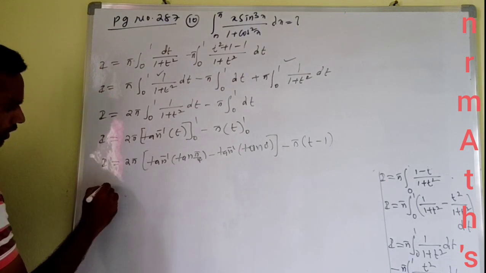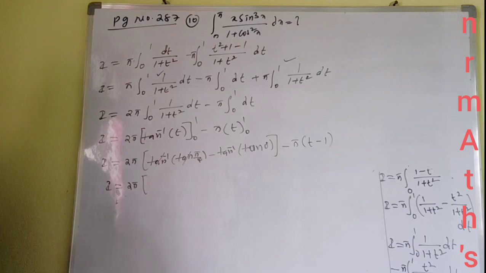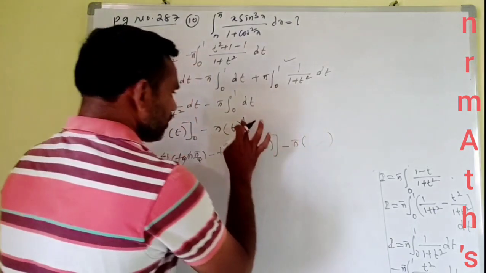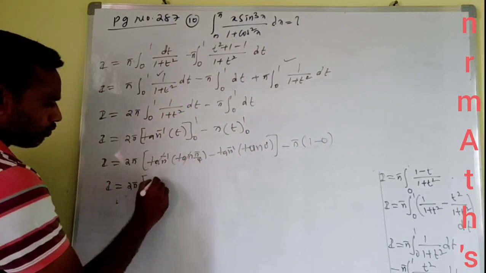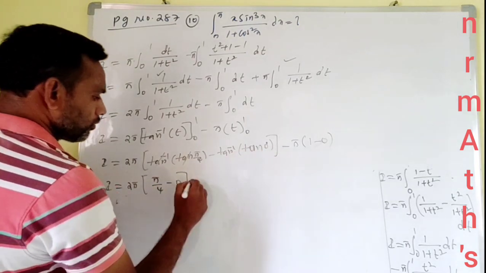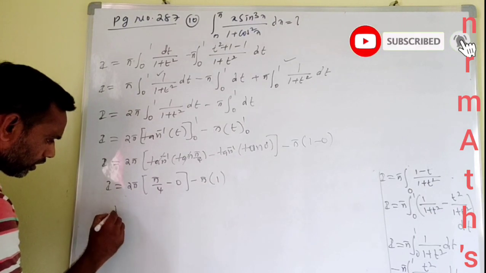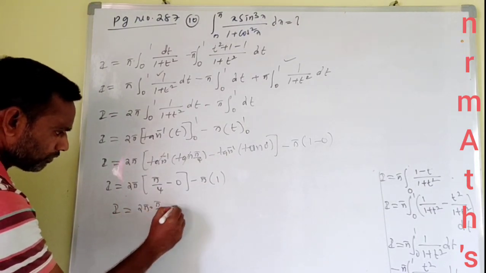Now I is equal to 2 pi into pi by 4 minus 0, minus pi into 1. Now I is equal to 2 pi into pi by 4 minus 1.